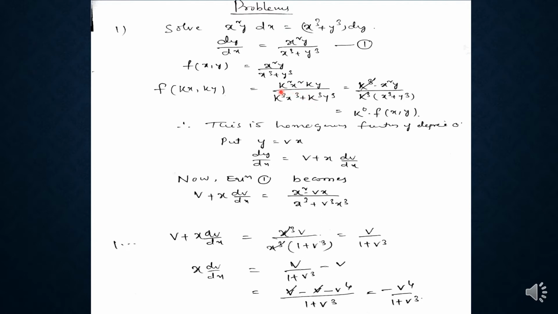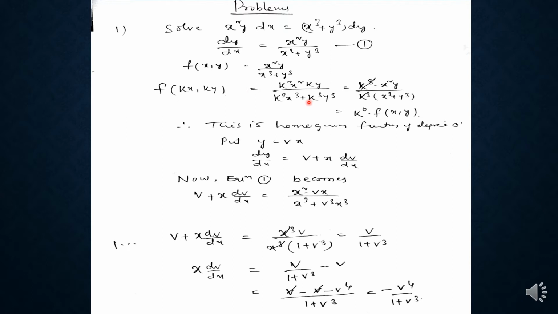So here k square into k, that is k cube into x square y by k cube into x cube plus y cube, that is equal to k to the power of 0 into f of x comma y. This is a homogeneous function of degree 0. So we confirm that the given differential equation is the homogeneous differential equation.